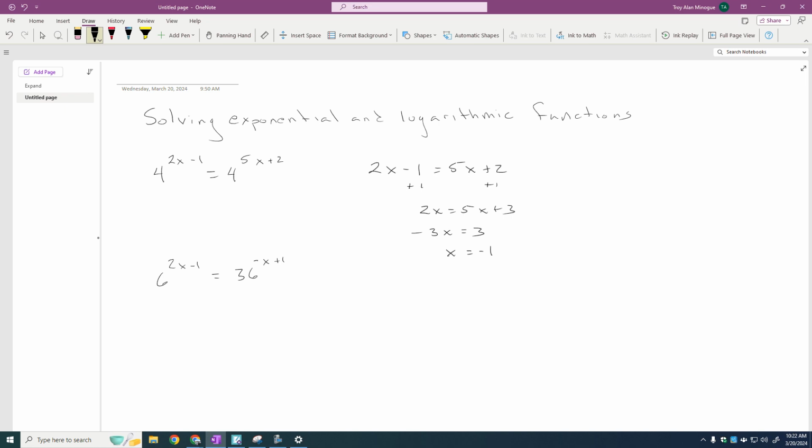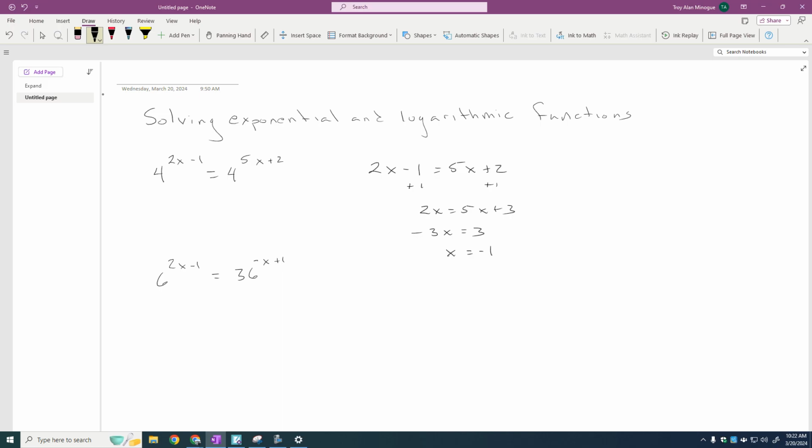Well, the other setup is if the bases are not the same, but I can make them the same. So I'm going to leave the 6 alone. Well, the question I'm going to ask myself is, what do I need to do to make the bases the same? Well, if I make a 6 a 36, I've changed its value.